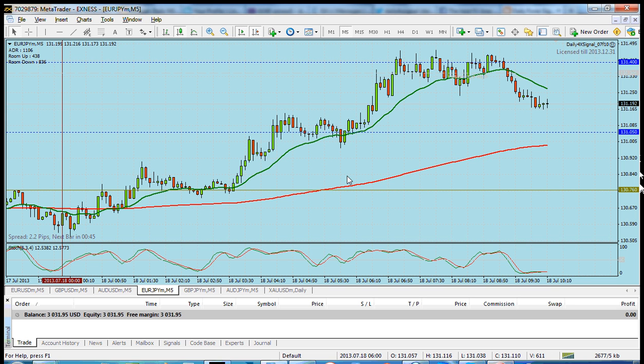And these are not pivot lines. These are lines that I get from analyzing and using that analysis in a particular in-house software which I use to generate these lines every day.